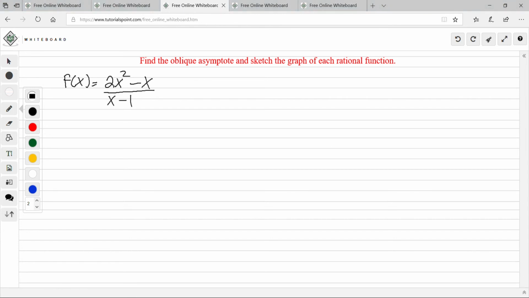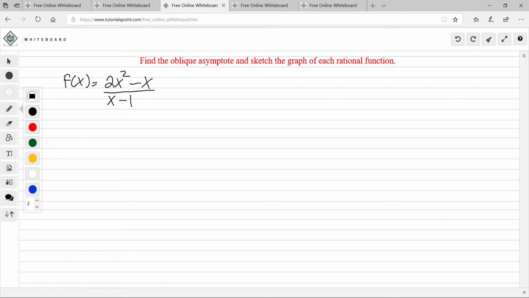So let's do f of x equals 2x squared minus x over x minus 1.